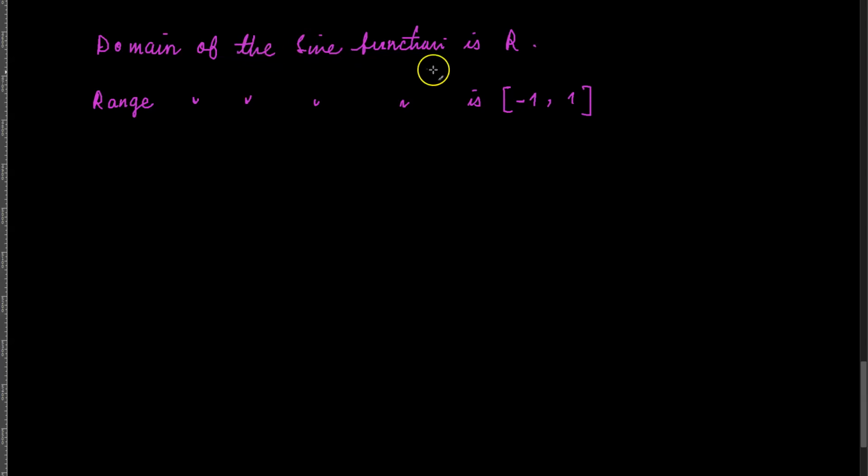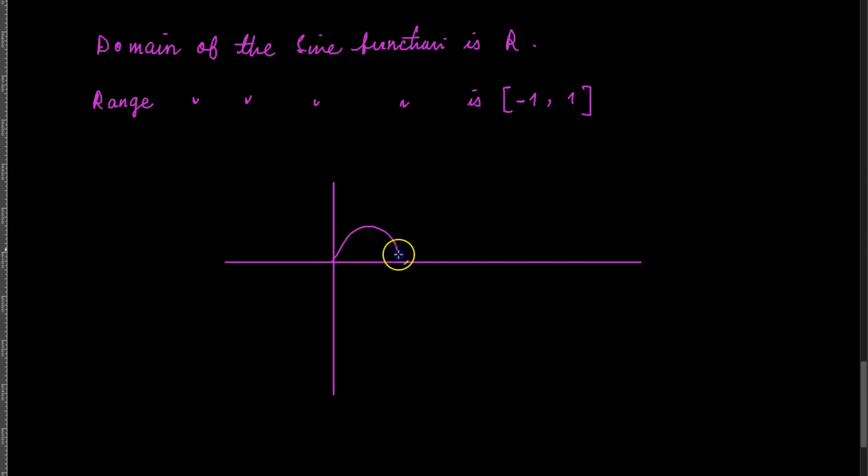Now you can see that of course the function is not 1-1, because the domain of the function is the whole real numbers, and the range is basically -1 to 1.